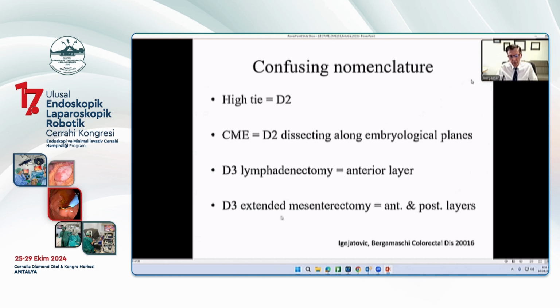That is another definition, the D3 extended mesenterectomy, which also takes the lymph nodes behind the superior mesenteric vein and artery. It is a difficult operation, very controversial because of the risk of injuries. And the question would be what the yield would be, and what the benefit to the patient of doing this operation.